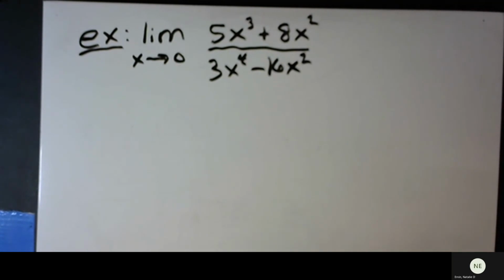Now, if you substitute x as 0, you're going to get 0 divided by 0 ultimately.